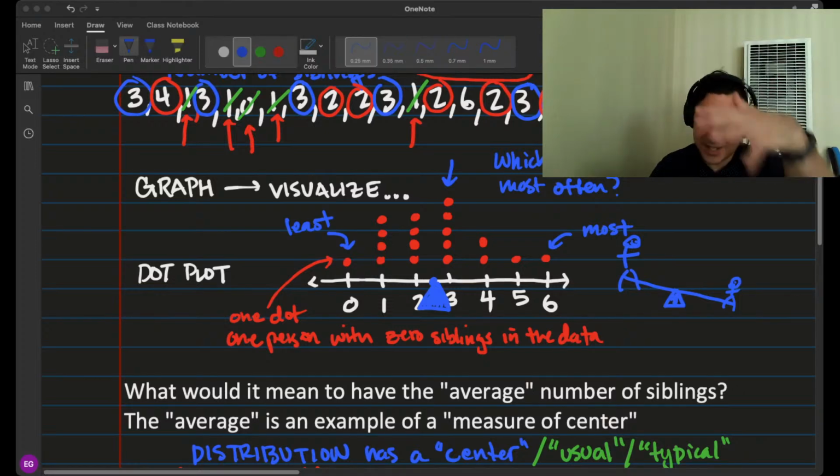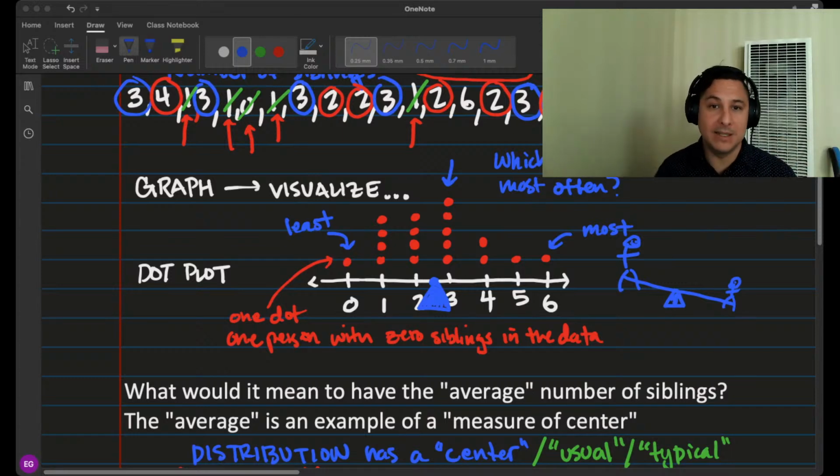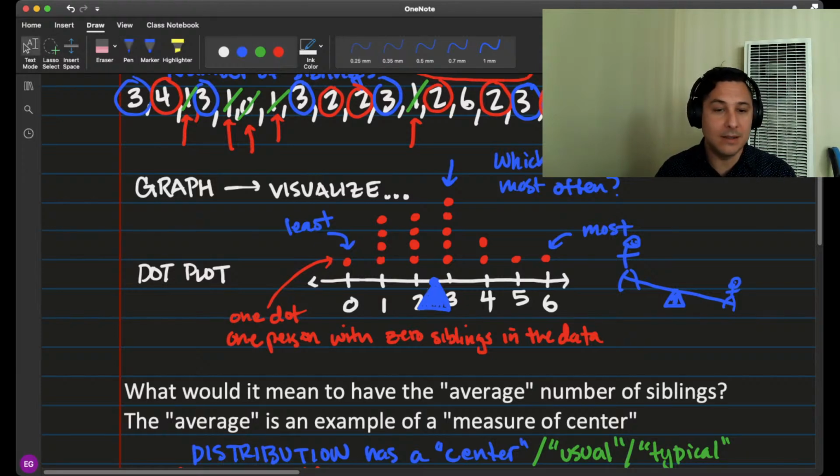Yeah, the heavier person weighs it down, right? So what's interesting about the mean is that if each of these dots was like weight on the seesaw, the mean is where it would be balanced. So the mean is the point on the seesaw where the numbers would balance out.